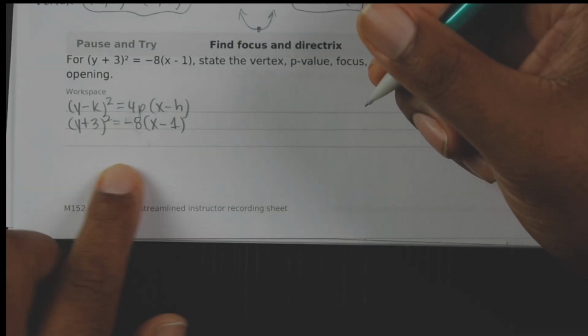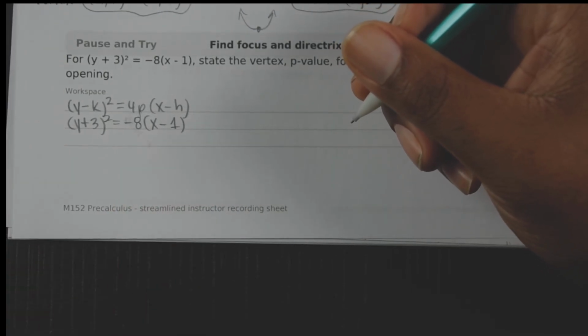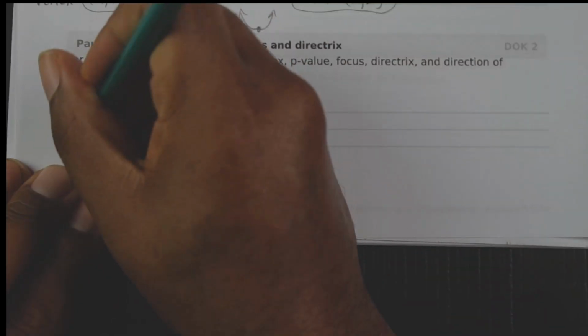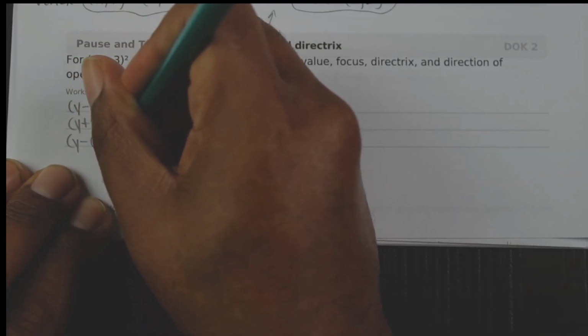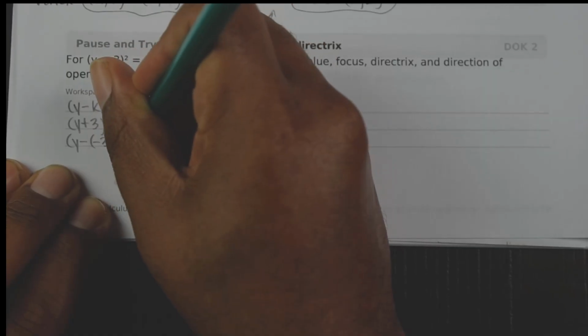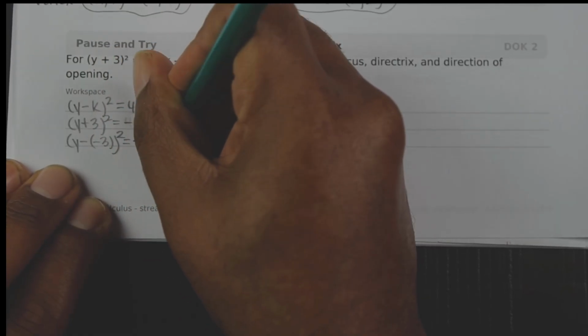Okay, so we do have to rewrite this, but only for this side, right? We have to rewrite it so that it corresponds with the previous. That'd be y minus -3 squared equals -8 parentheses x minus 1.